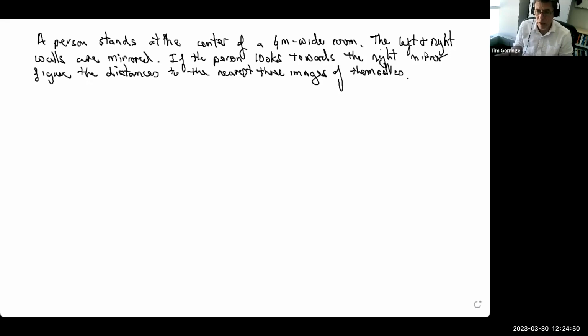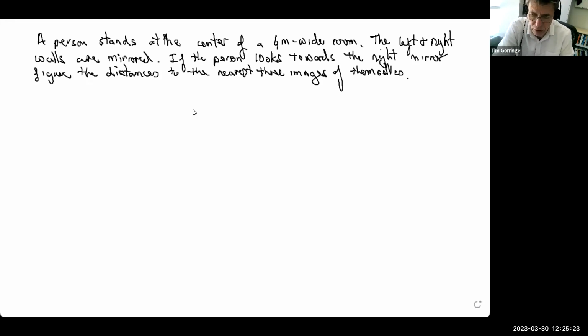We're going to figure out the locations of the first 3 images of the person. I'm going to make a little sketch for the formation of each image. As we make the sketch for each image, we'll see that the first one involves 1 reflection, the second one 2 reflections, the third one 3 reflections, and so we'll see the pattern in which these images emerge.